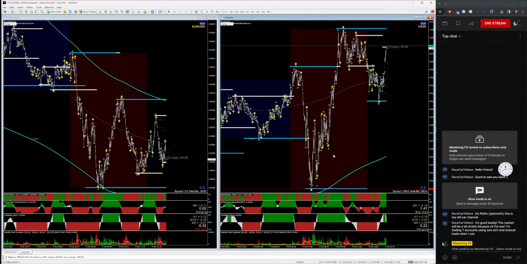Now this is a demo account, $500. I'm going to risk 1% on each trade, and I explained it yesterday in the Q&A on Sunday, which I'm going to do every week, by the way. With this strategy, I'm going to take 2 half trades, meaning 2 trades at the same time with 0.5% risk each.